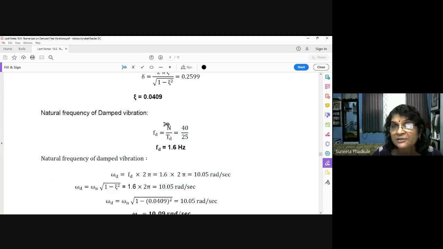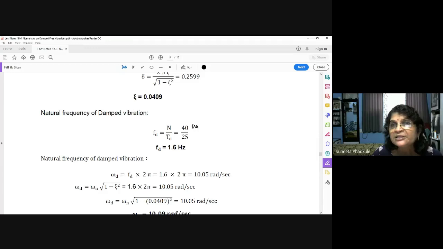Did you understand this one? If you don't understand, please ask me later on. This is a very simple formula: time period is equal to number of oscillations upon number of cycles, that means time required to complete one cycle. Here 40 cycles are taking place in 25 seconds.